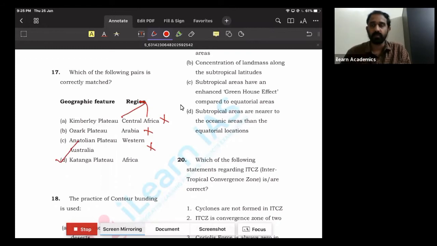So please revise the major physical features of the world. Take the continent map, learn at least 4 or 5 major features of each of the continents. It will take only a few minutes.